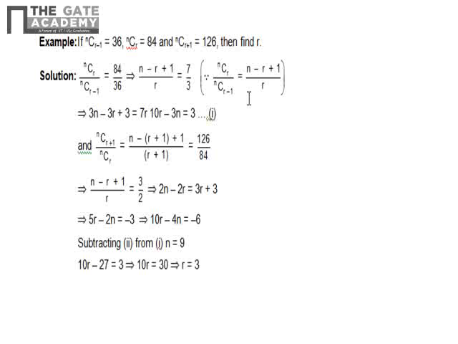If you want to understand how we are getting this, I'll explain. It is given that nCr upon nC(r minus 1).